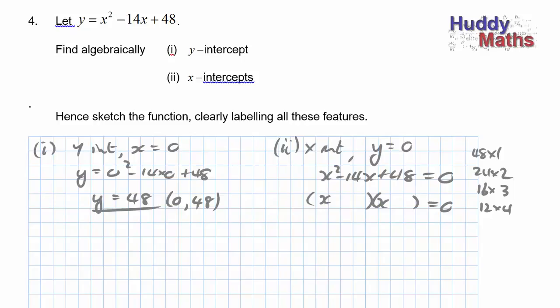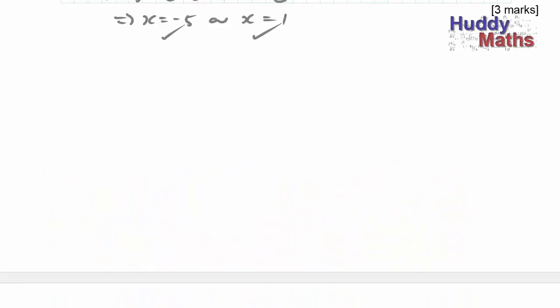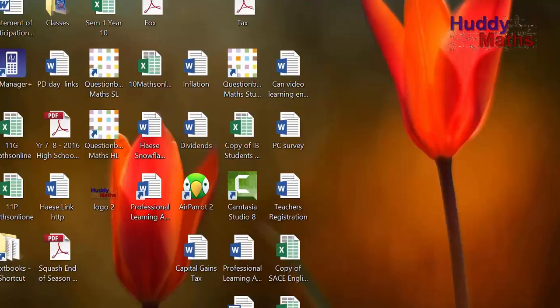Haven't hit anything yet until we get down to 8 times 6, and that seems to be the one that we want. If we had negative 8 and negative 6, we would have plus 48, and we would have negative 14x, so it works. Let's just bring that back again.